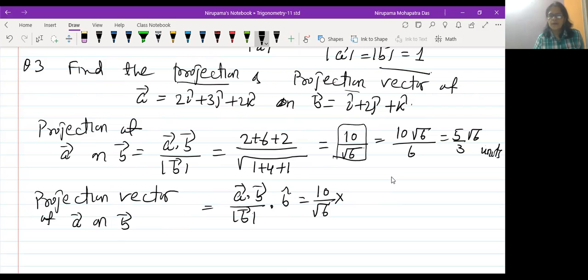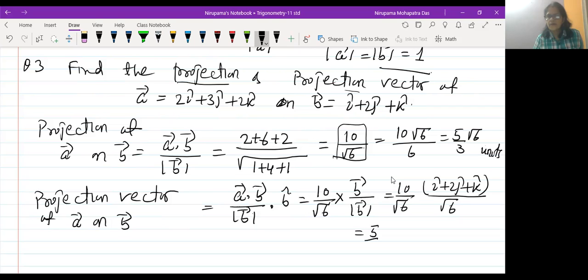B cap is B divided by magnitude of B. So it means 10 by root 6, B vector is i plus 2j plus k, divided by the magnitude of B, which is root 6. So 10 by 6, that is equal to 5 by 3, into i plus 2j plus k. This is the projection vector of A on B.